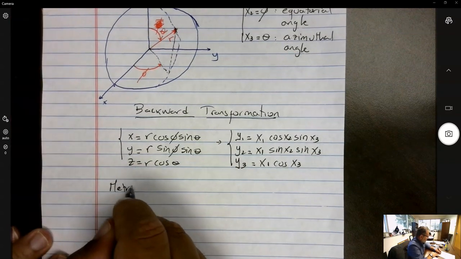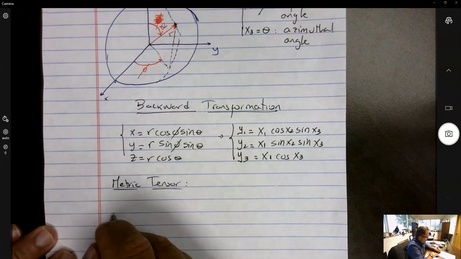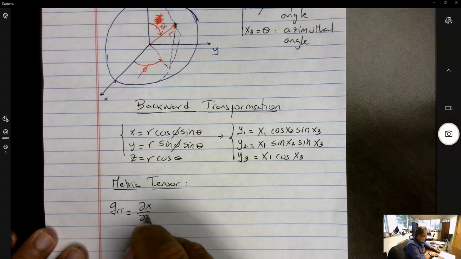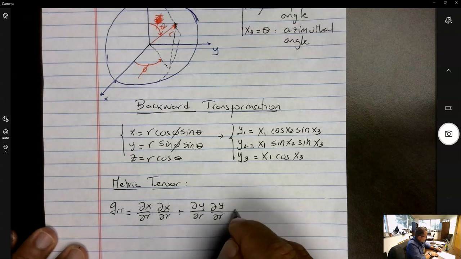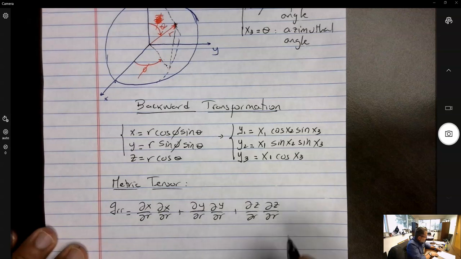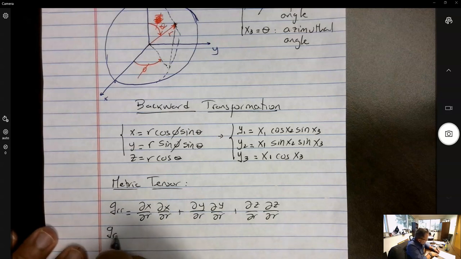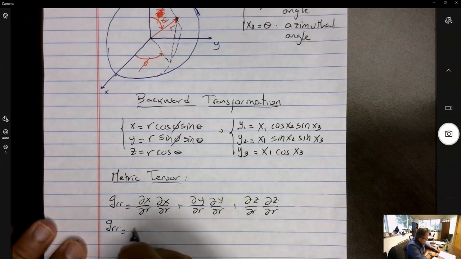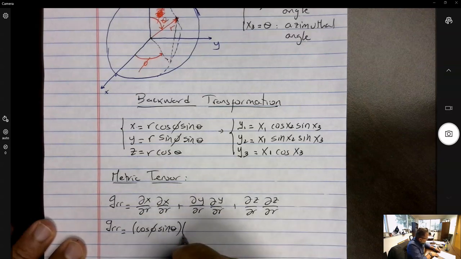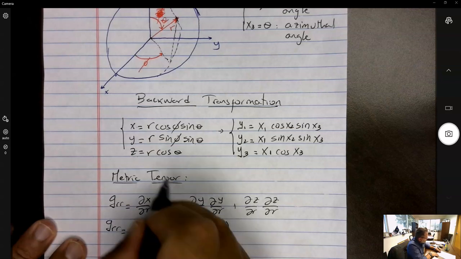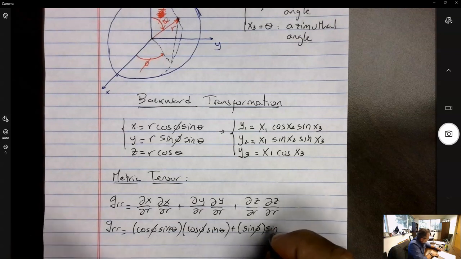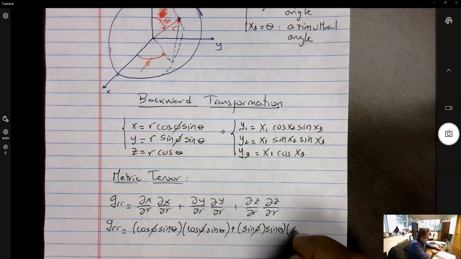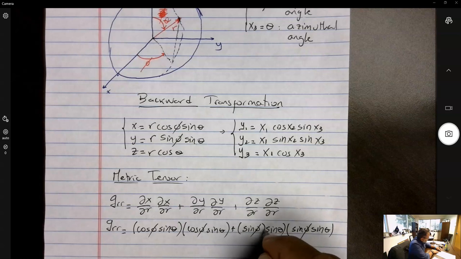Again, let's find the metric tensor. g_rr is equal to dx/dr times dx/dr plus dy/dr times dy/dr plus dz/dr times dz/dr. So g_rr: dx/dr is cosine of phi sine of theta, squared. dy/dr is sine of phi sine of theta times sine of phi sine of theta.